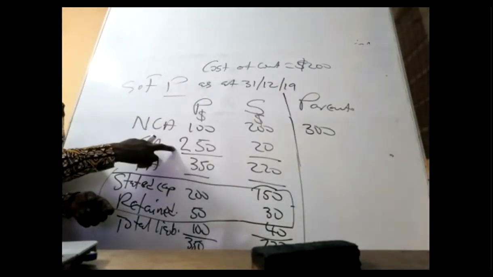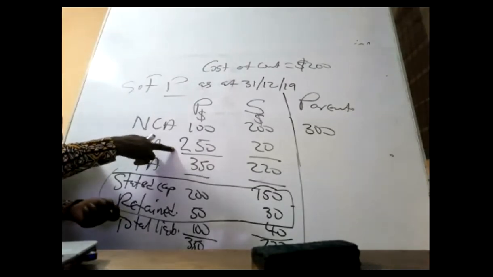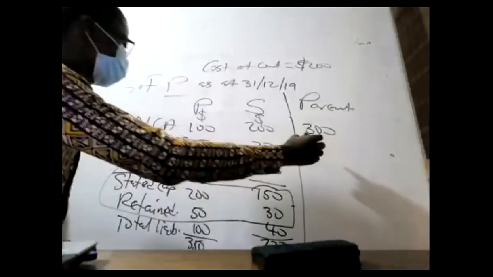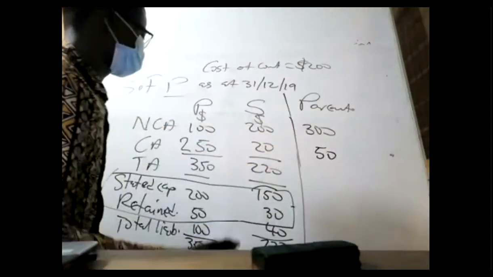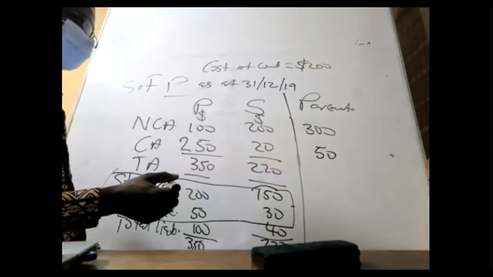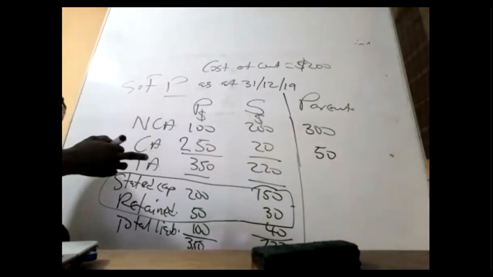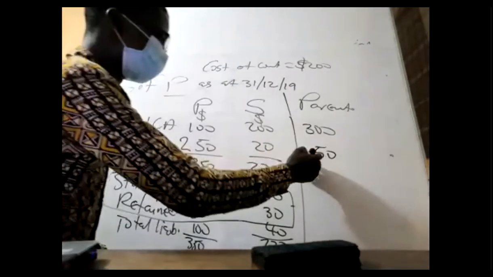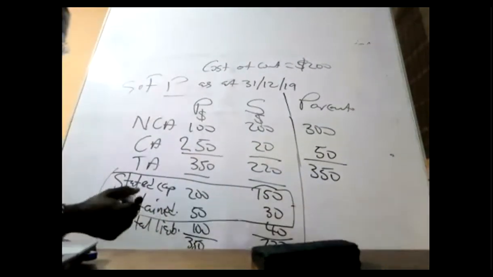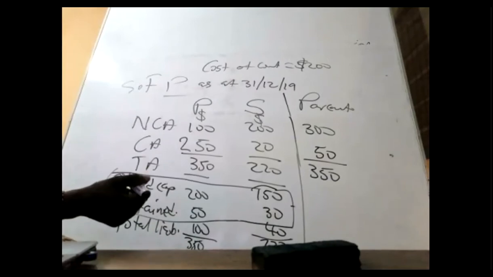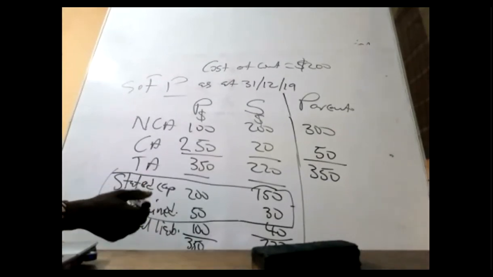The current asset will reduce by how much? 200 Ghana cedis. Good. So consolidation does not change the balance sheet total. Therefore, total asset is still what? 350. Total asset is still 350.